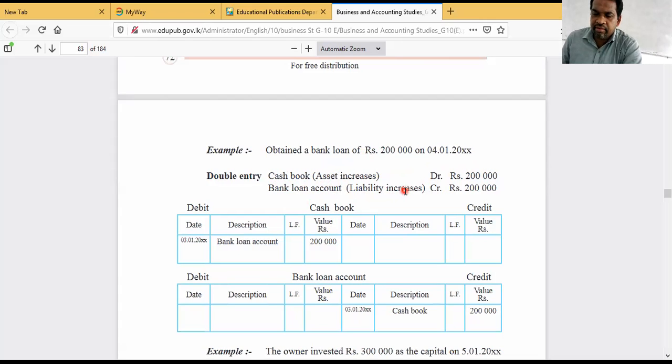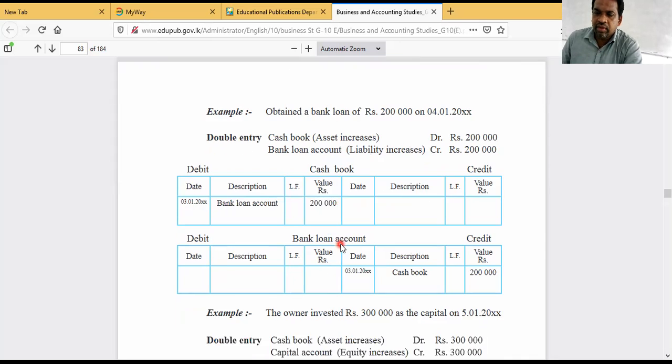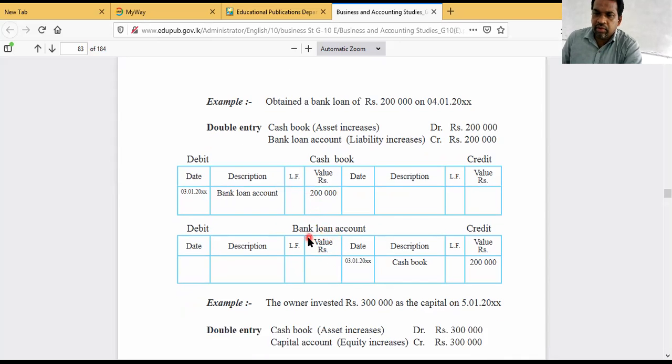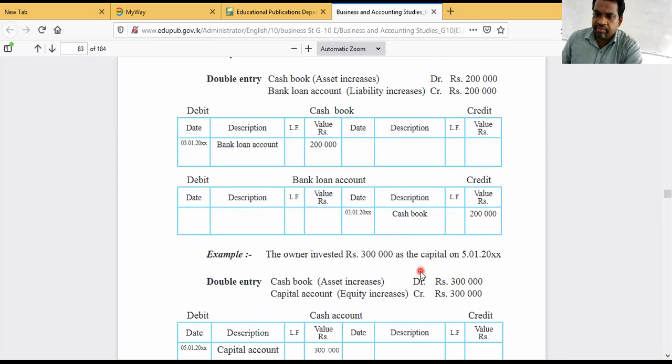Liability increase principle, you have to credit to liability account, bank loan account 200,000. Then here we have got cash account. As you receive money, you debit to cash account, say bank loan account. When you take a bank loan, you will get another liability called bank loan account. Therefore, you credit to bank loan account, say cash account. Always you write the opposite account's name as a description. In cash account, bank loan. In bank loan account, the description will be cash account.